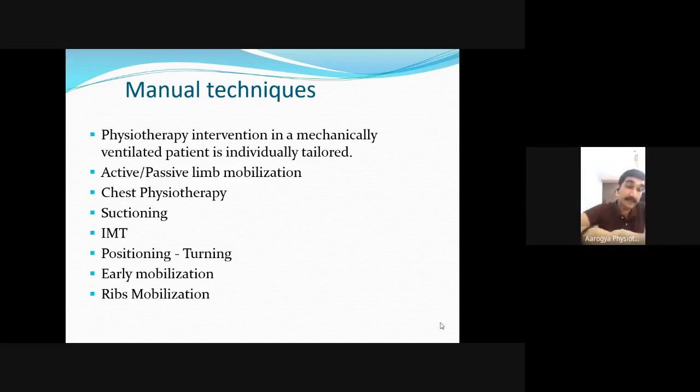On this basis, you will tailor your treatment on a ventilated patient. You have limb mobilization and chest physiotherapy techniques. On the basis of your auscultation and chest radiograph, you target the lobe and segment which is most affected. You treat that first and then the lesser one. IMT is the inspiratory muscle trainer. Then positioning, early mobilization, ribs mobilization, and there are many techniques.